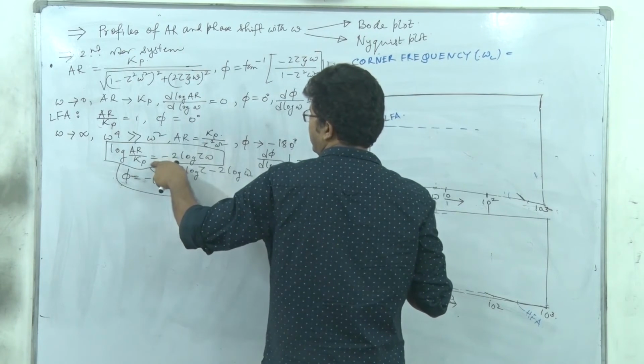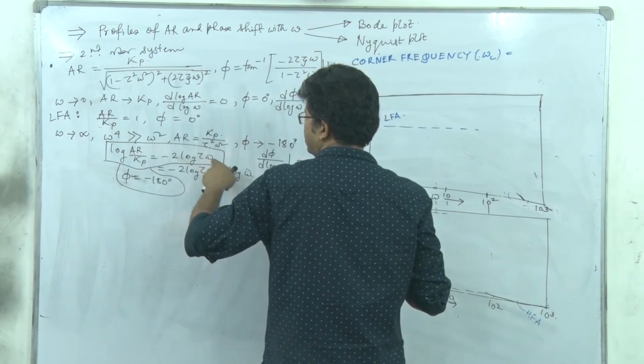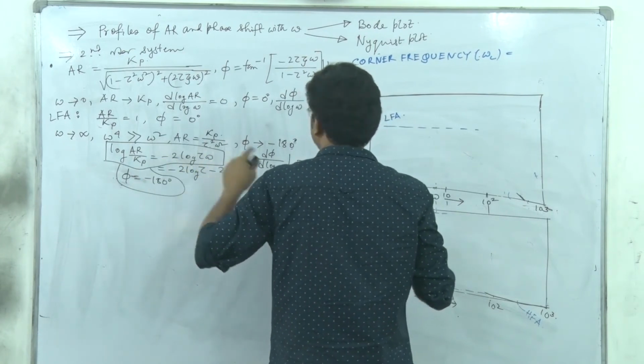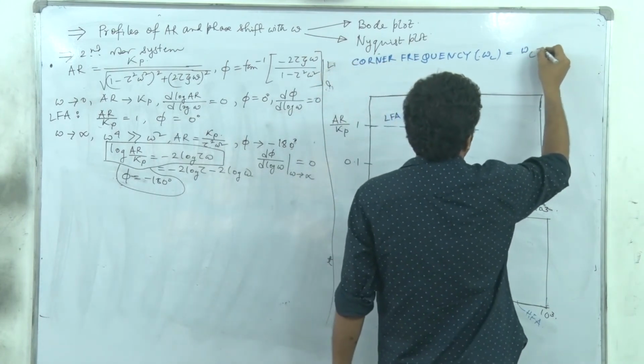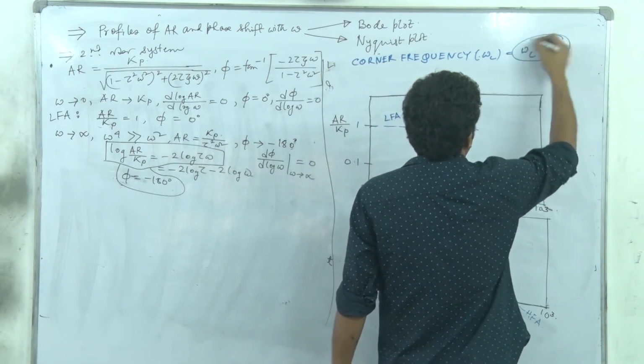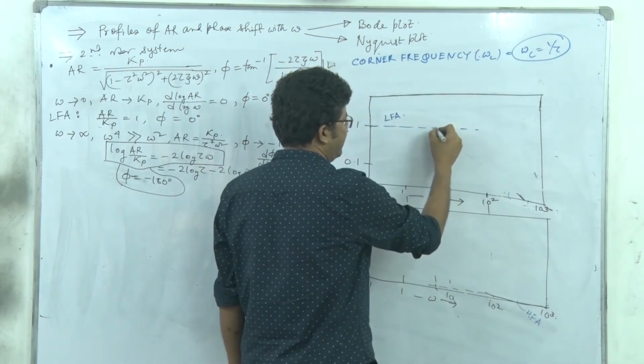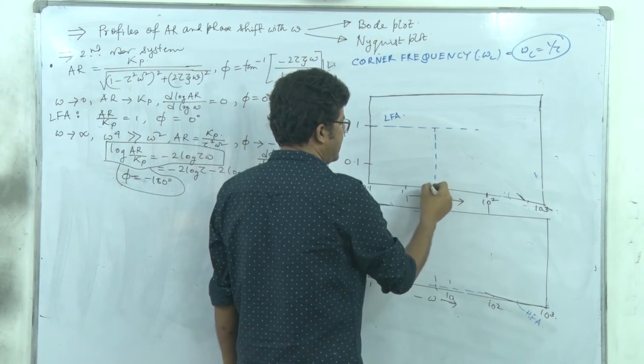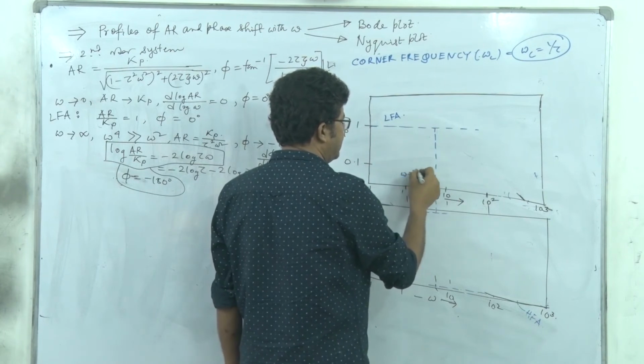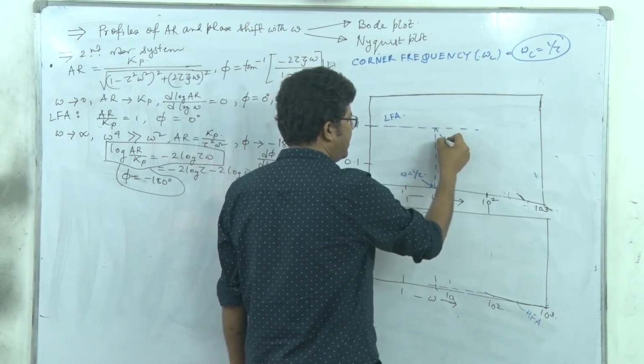So tau omega is equal to 1. So omega is equal to, just again the same, 1 by tau. Right. So let's say here we have the corner frequency, omega is equal to 1 by tau. And from here we have to draw a straight line with a slope of minus 2.